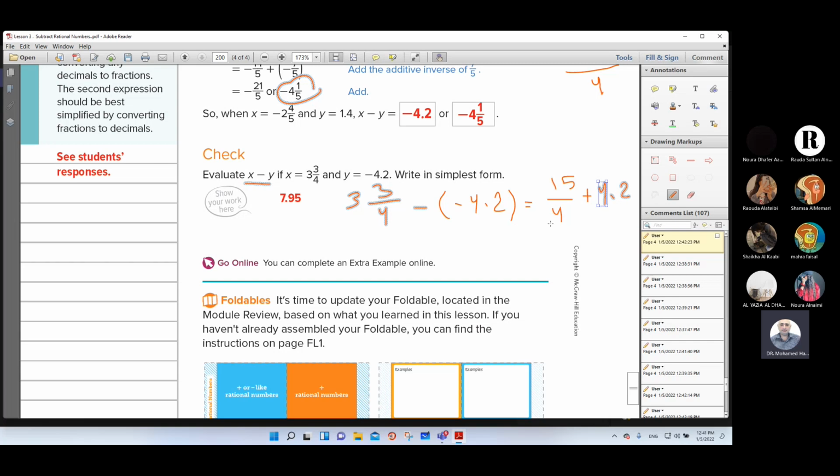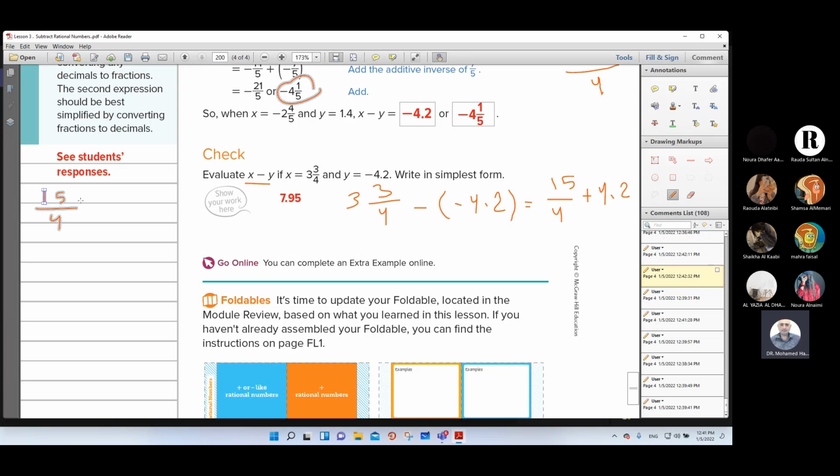How to change 15 over 4 to the decimal? Multiply up and down by 25. 15 times 25 will be 375, and 4 times 25 will be 100.